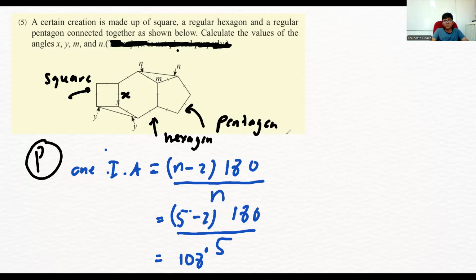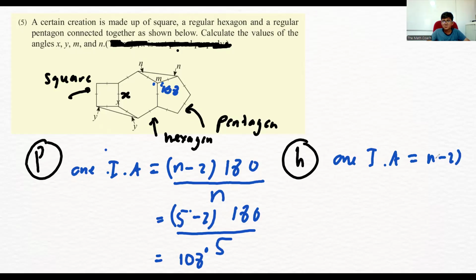So now we know that this angle is 108 degrees. Oh, that's too big. But what about this angle? If you see the hexagon here, take H for hexagon. We did the same thing for that. One interior angle is equal to n minus 2 times 180 divided by n.